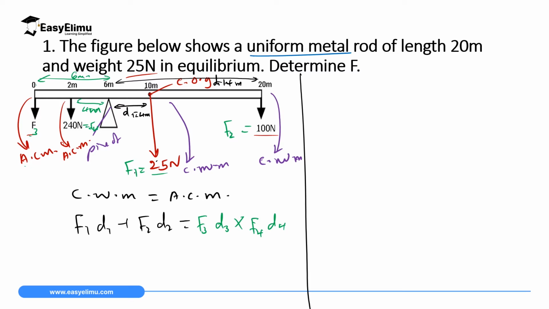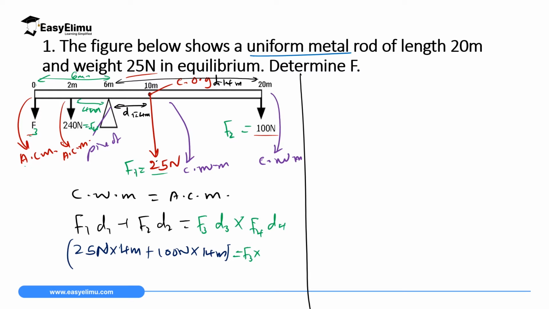If we substitute with what we have here, F1 is 25 Newton times D1 is 4 meter, then plus F2 is 100 Newton times D2 is 14 meter. These are clockwise moments. Then they should be equal to anti-clockwise moment, that is F3 times D3.